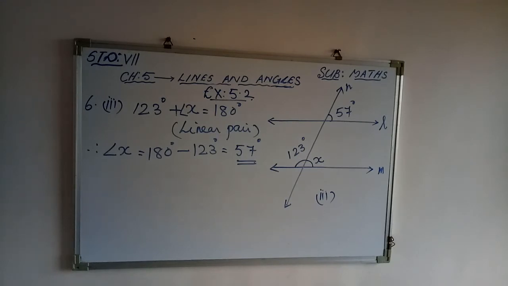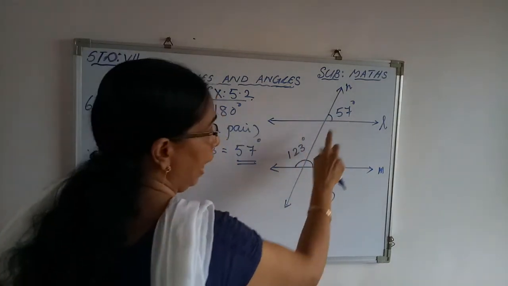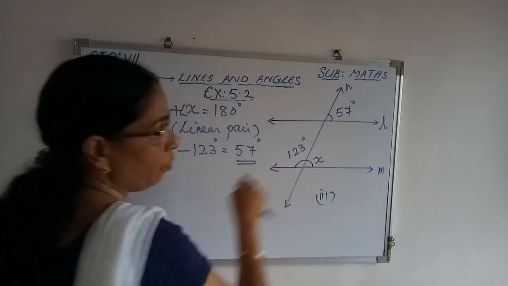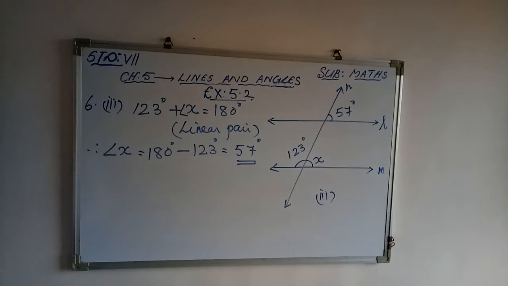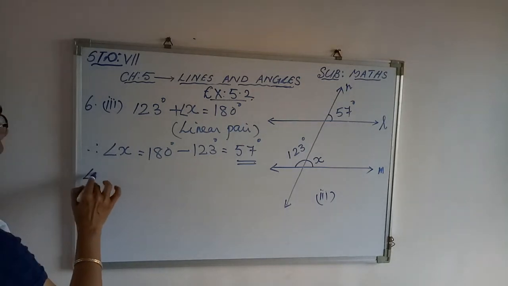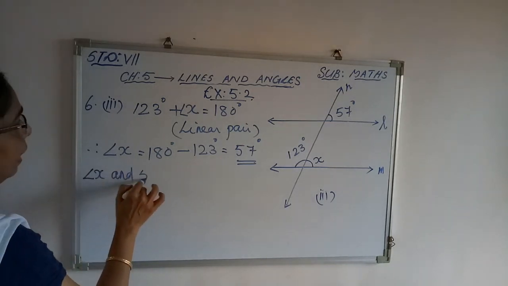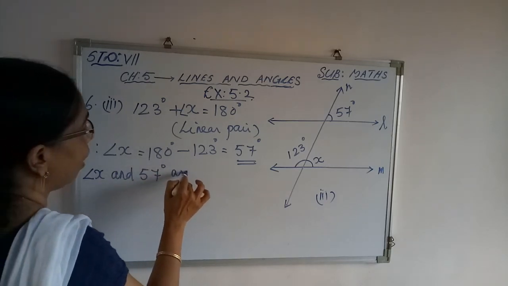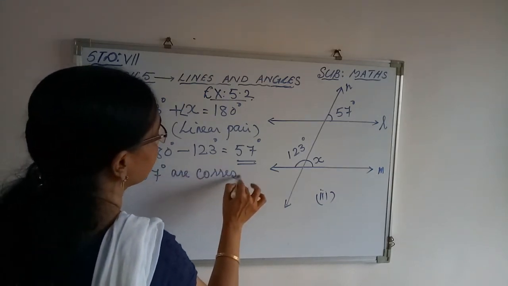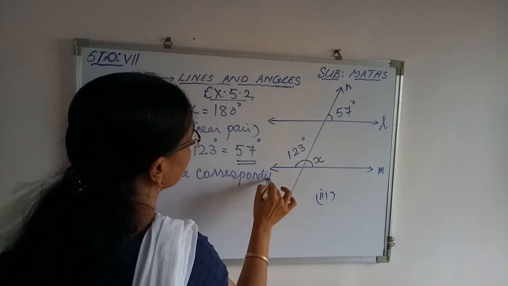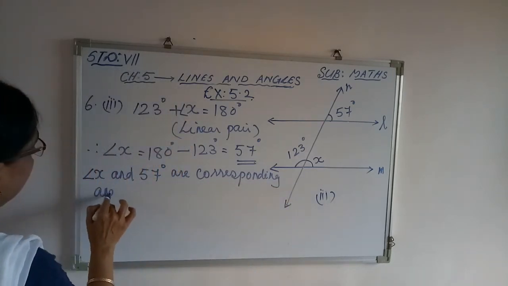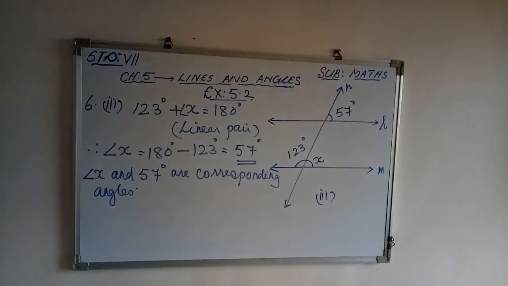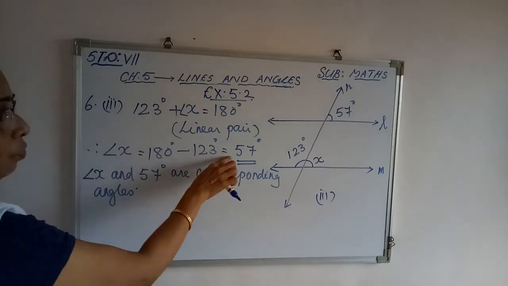Understood that? Now, see, this 57 and this angle X, which type of angles? They are the corresponding angles. So we can write angle X and 57 degree are corresponding angles. So, therefore, what will you write? They are equal. Angle X is equal to 57.